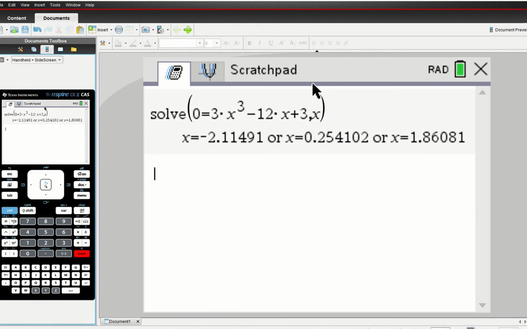All right, and you'll see that we get 3 values, which should make sense because it's a cubic function. So we've got negative 2.11491, 0.254102, or 1.86081.